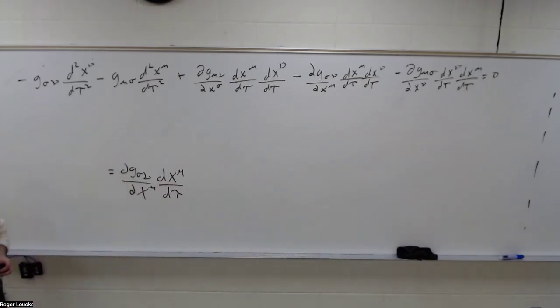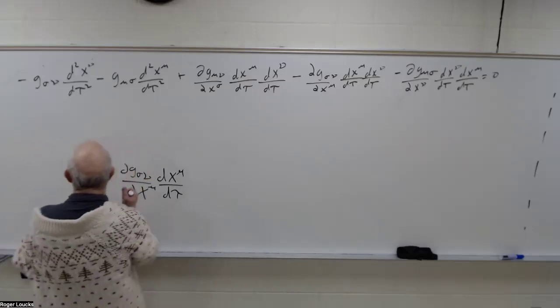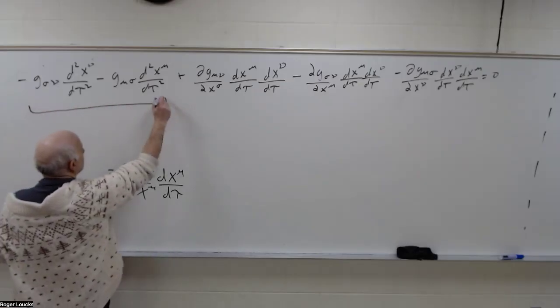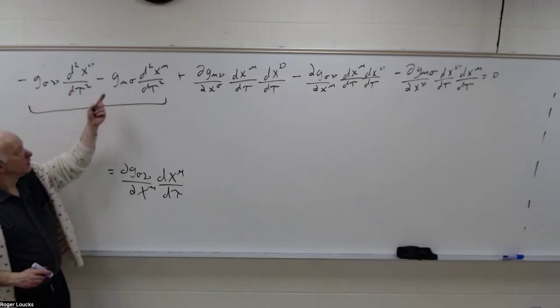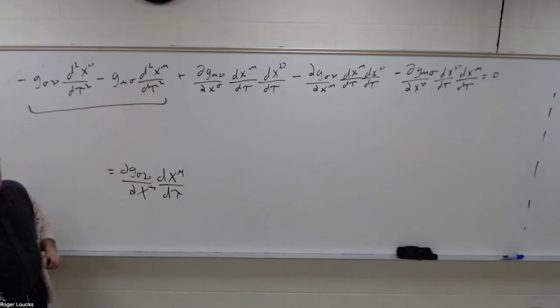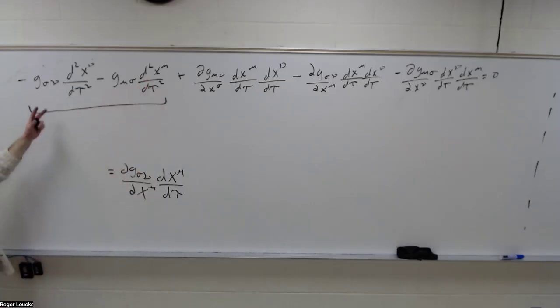I can factor out the dx mu dx nu. Now, these terms here, what do they do? I'm summing on nu here. I'm summing on mu here. And remember, this is symmetric in the index. Then they're the same term.